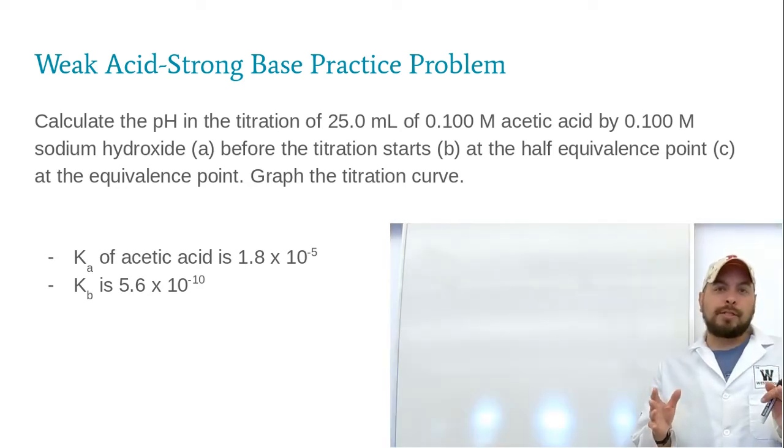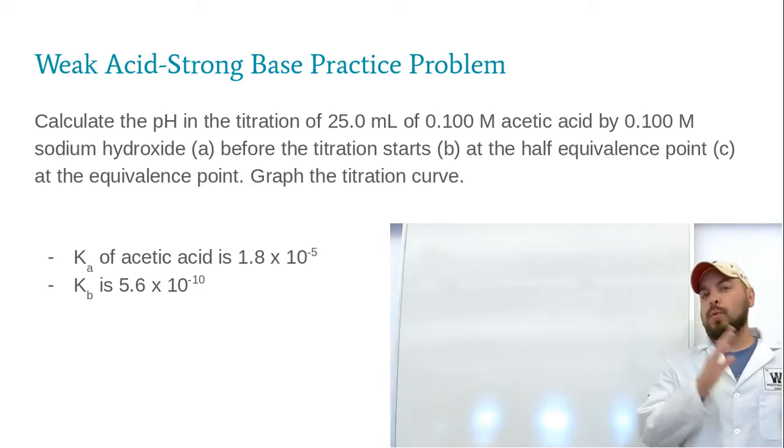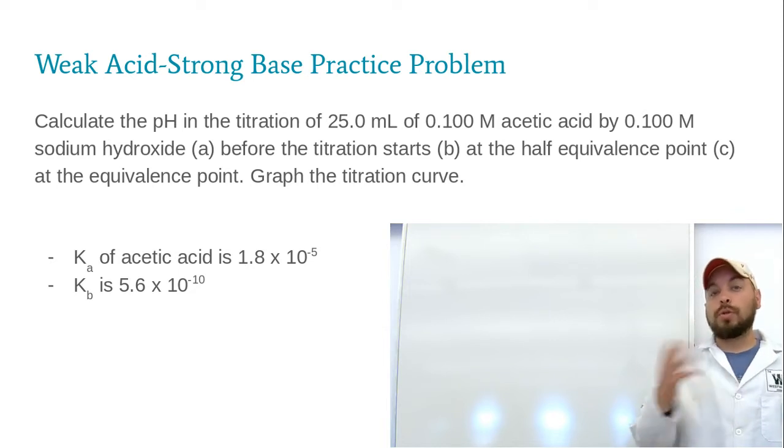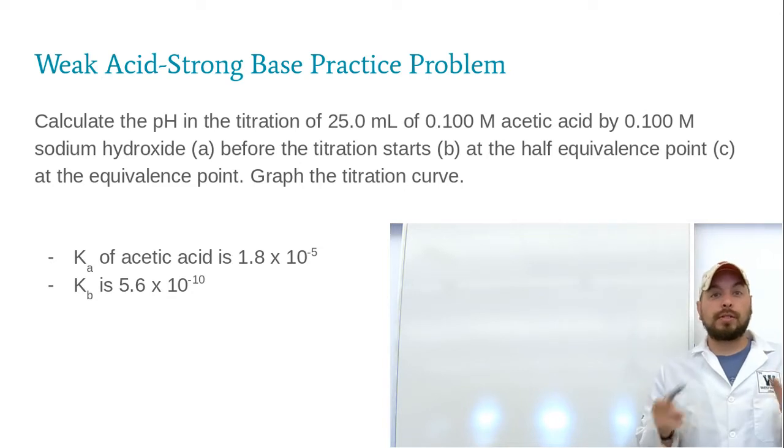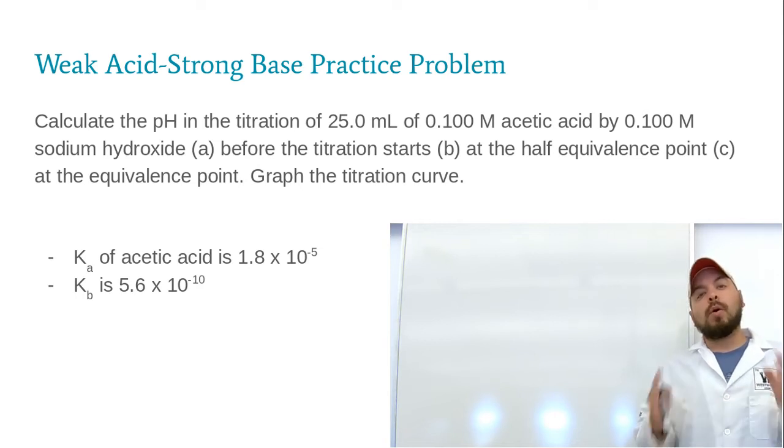Our first practice problem is going to be the titration of a weak acid, acetic acid, with a strong base, sodium hydroxide. We're going to look at 4 points on the curve. So let's go ahead and get started with the first point. This is before the titration has even begun. So what we're looking at is just a solution of only acetic acid.